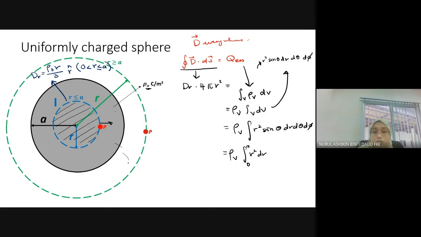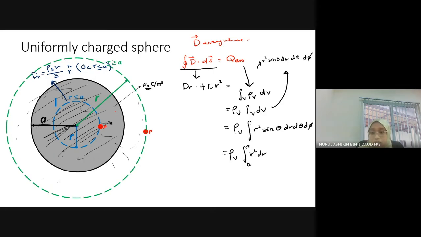There will be no charge existing beyond this point. Charge can only exist inside this particular sphere. That's why my range is 0 to a instead of 0 to r, because the charge can only exist in this particular area.